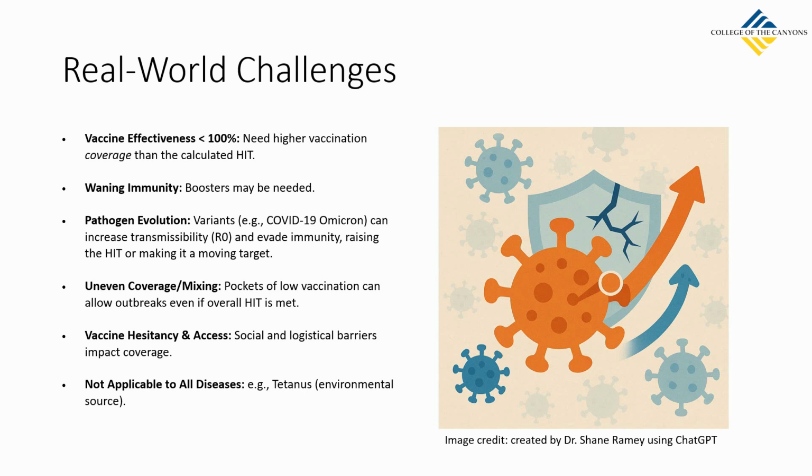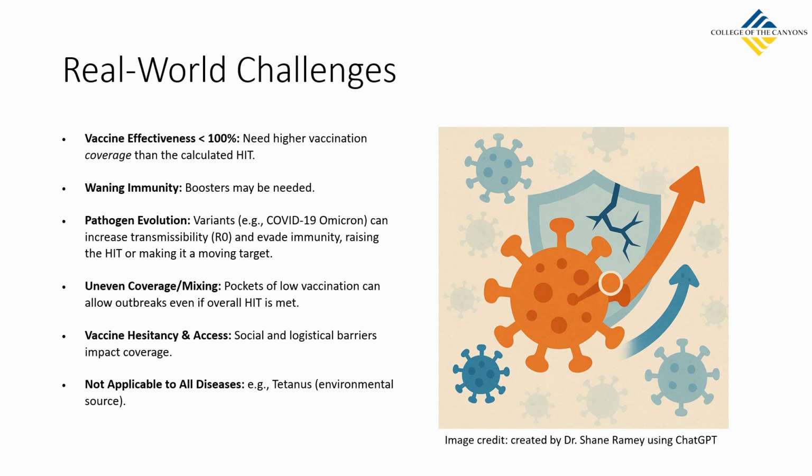There are, as I mentioned before, pockets of low vaccination rate, and these can cause outbreaks. This is unfortunately all too common with measles, a perfectly preventable disease, but we do see outbreaks. Outbreaks are not uncommon, nevertheless.